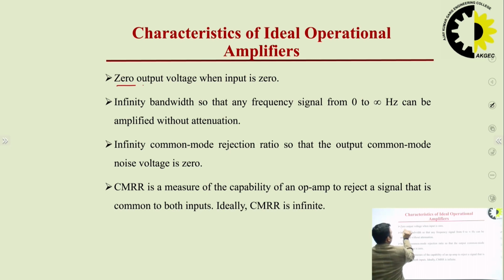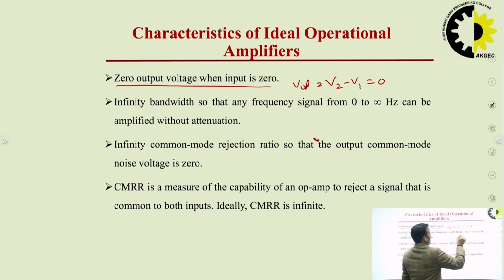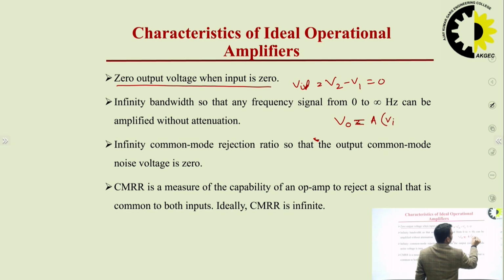Okay, so this condition is related to the previous condition. If V2 minus V1 will be equal to 0, which is nothing but VID, and you know that output is equal to A into VID, if VID will be equal to 0, then V0 will also be equal to 0.